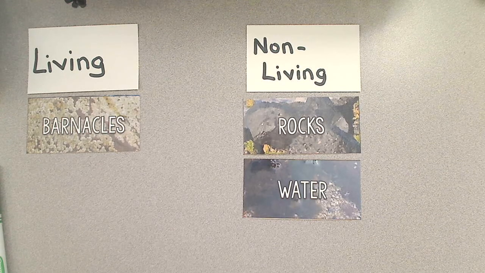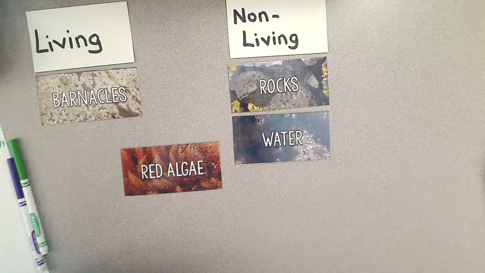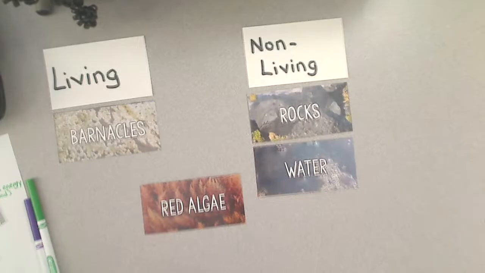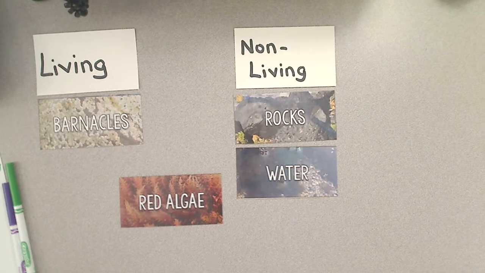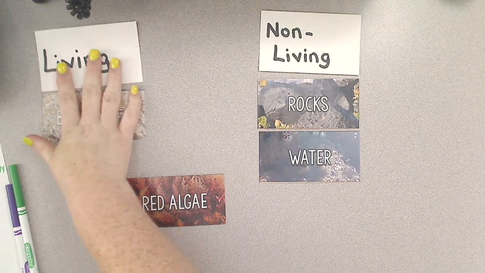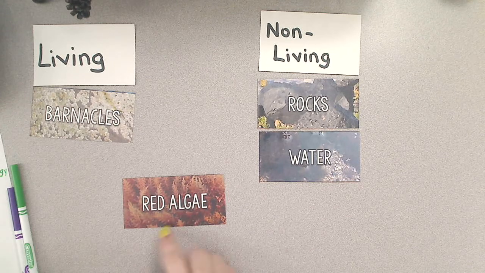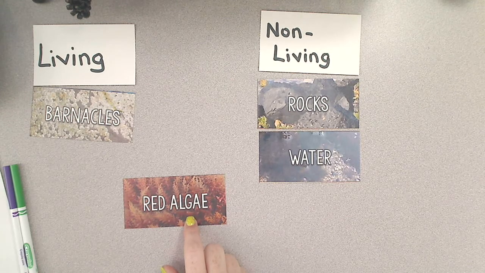Let's take a look at red algae. That's an interesting one, and I'm going to move my camera a little bit so that we have a little bit more room to work with here. There we go. So red algae. Well, we know that algae is a type of plant.